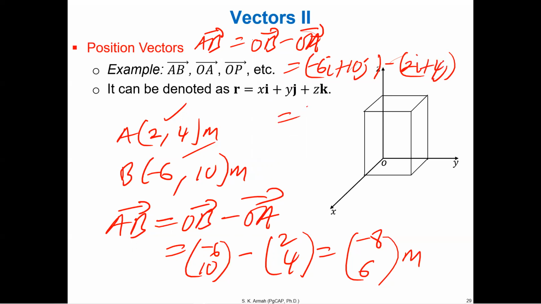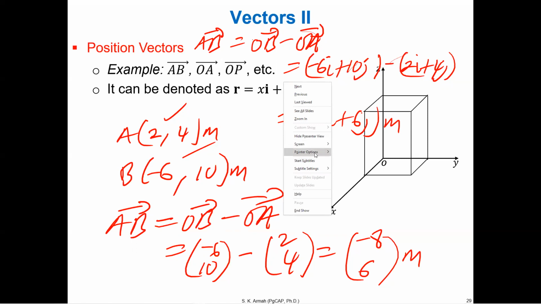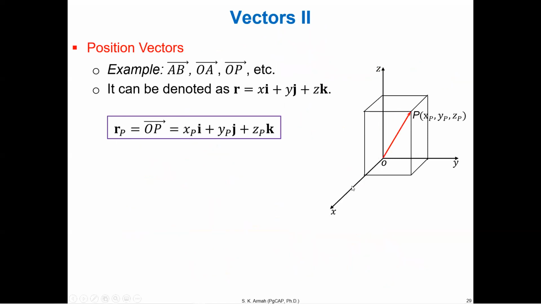Then you do the subtraction and you get -8I plus 6J, in meters. You can work with column form, but here we are working in IJ form, Cartesian. You can extend it to 3D, so you have I, J, and then K. Those are position vectors.